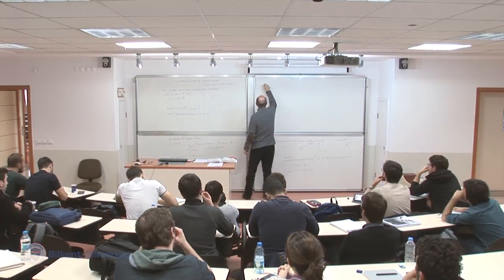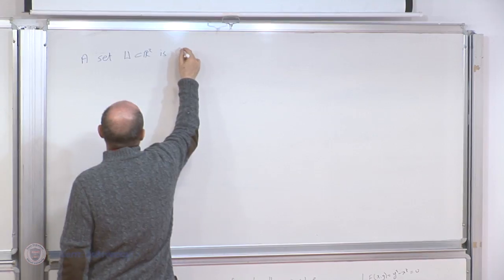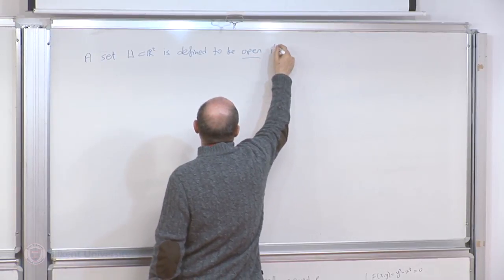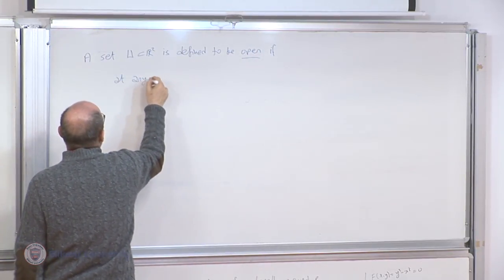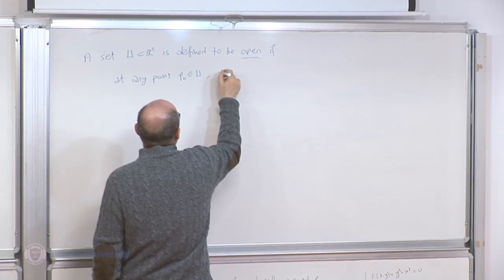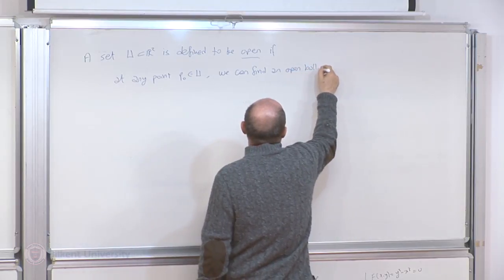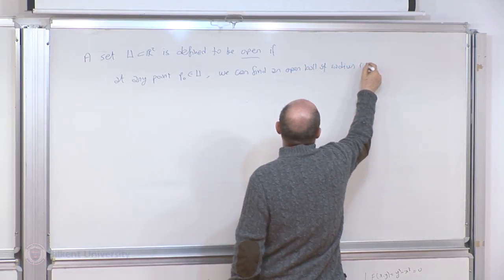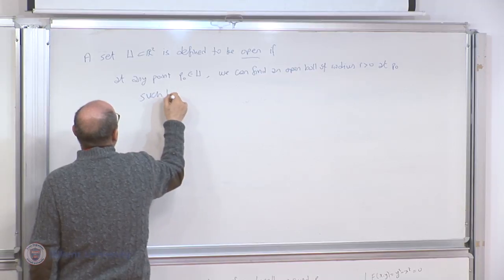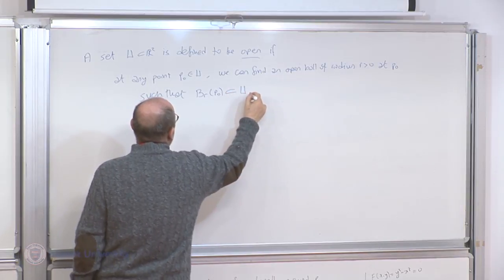Okay, a set, say U in R2, is defined to be open if at any point P sub 0 in U, we can find an open ball of radius R positive at P sub 0 such that this ball at P sub 0 totally lies in U.